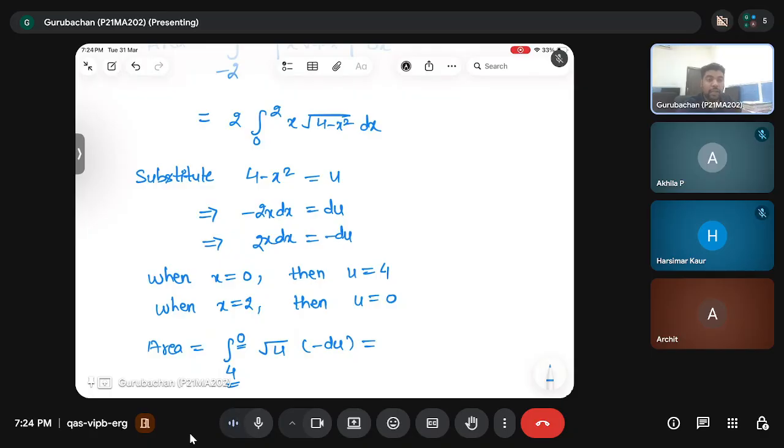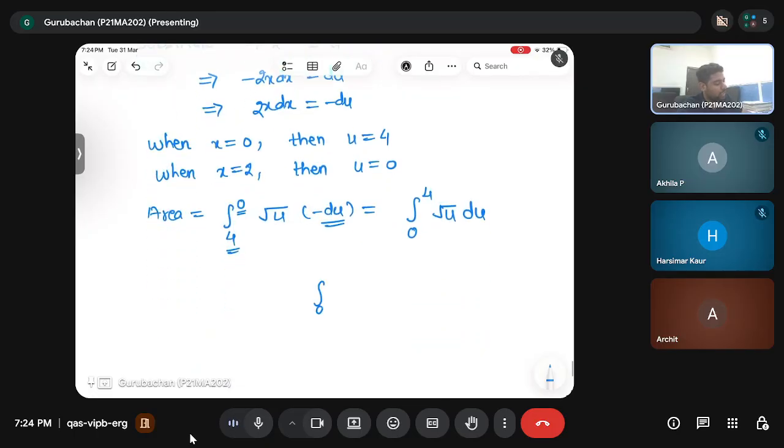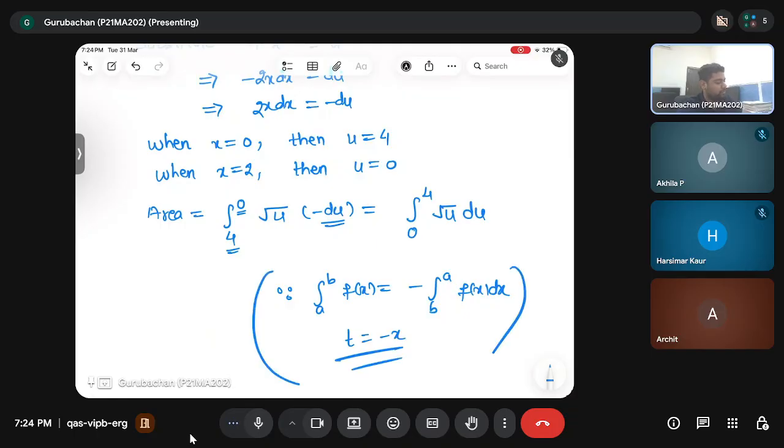That is the sign that your dx must be replaced by some negative term. I hope you are aware that the integral from a to b of f x dx can be written as minus the integral from b to a of f x dx. This is a simple substitution property. You can check it on your own.